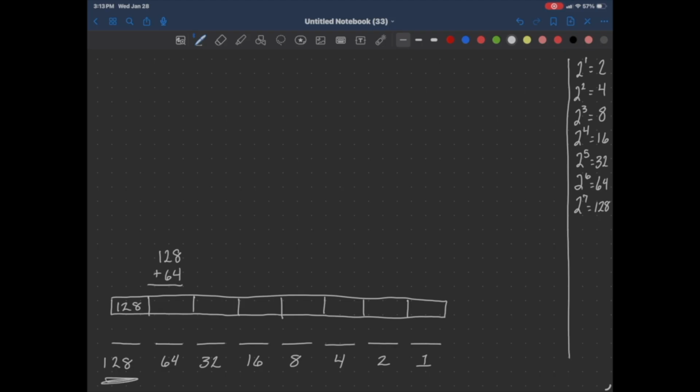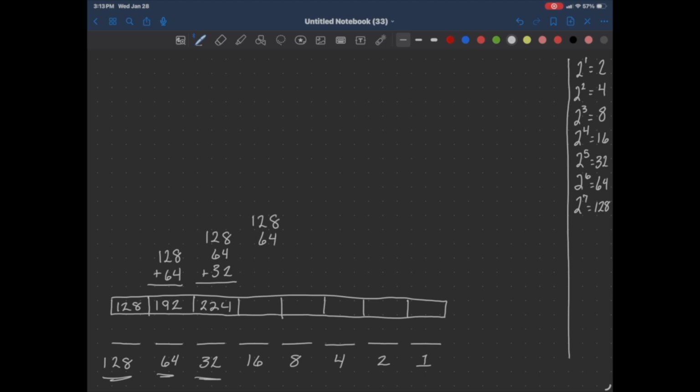In the next box, we now have 128 plus 64, which equals 192. In the third box, we have 128 plus 64 plus 32, which gives us 224. We continue this process as we move across to the right.